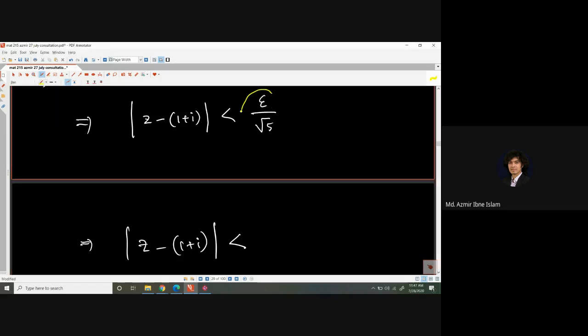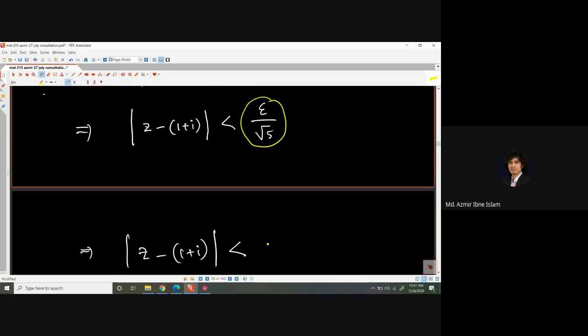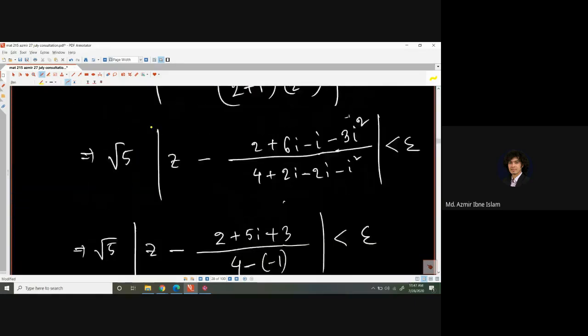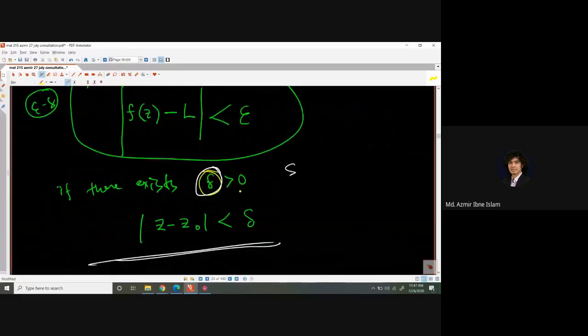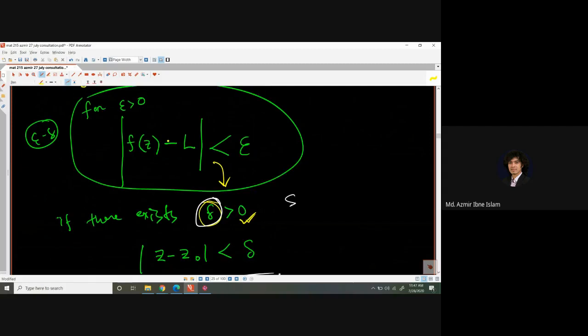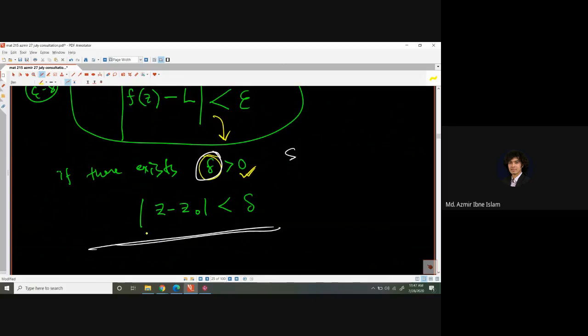So here we have modulus of z negative 1 plus i less than a number, any positive number. Let's say this is delta. So our target is to prove finally that if we can show there is a positive quantity after using all the algebraic manipulation from this part, then automatically we will get modulus of z negative something, that will be z naught, less than that positive value.